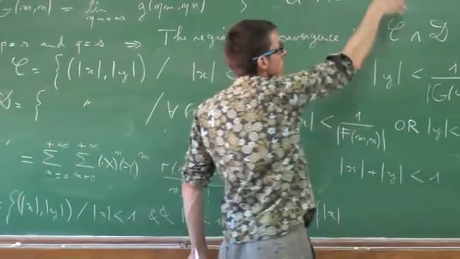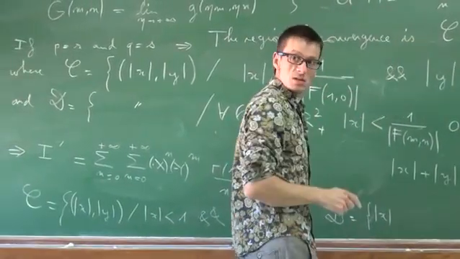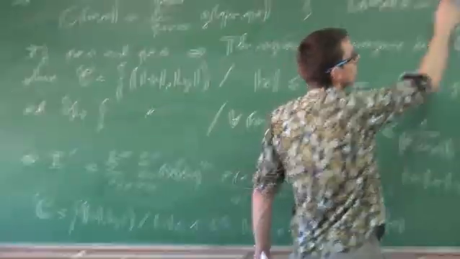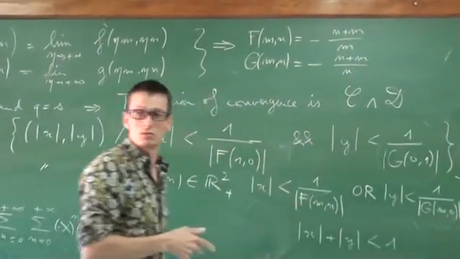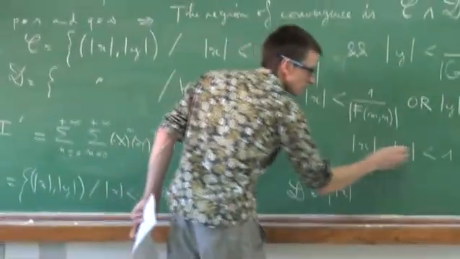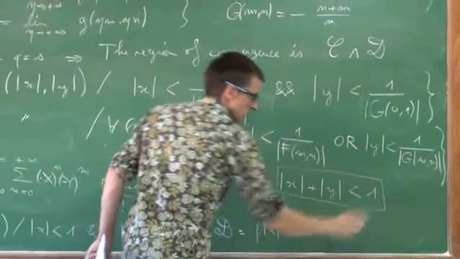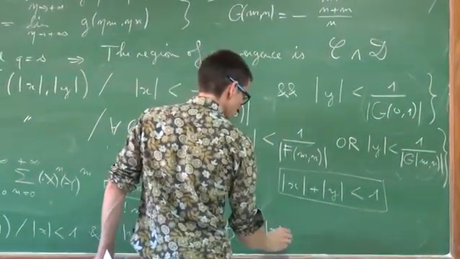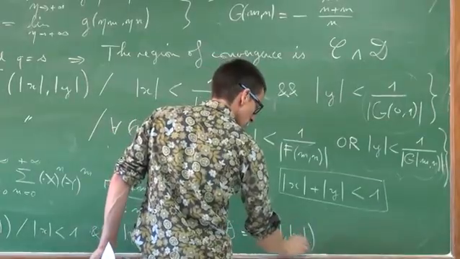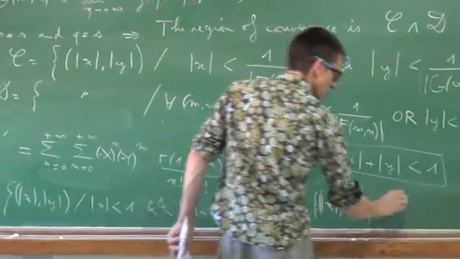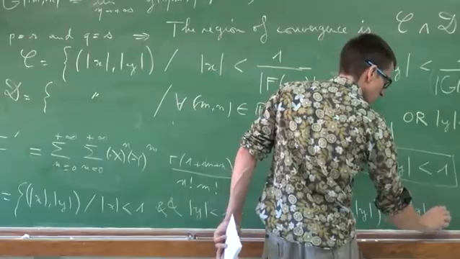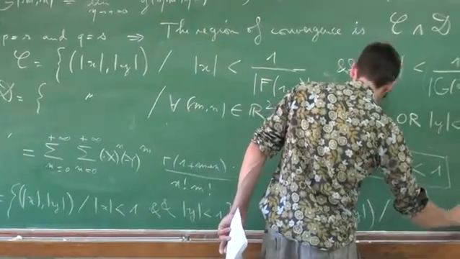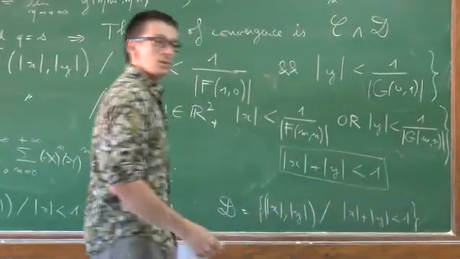Then I take the absolute value to flip this minus sign. And when I sum everything, I have 1. So that I get this impact. Okay, so x, y, so that x plus y is less than 1. So this is the convergence equation.